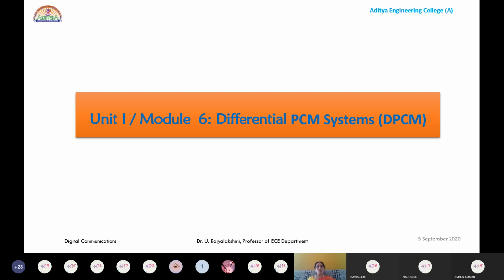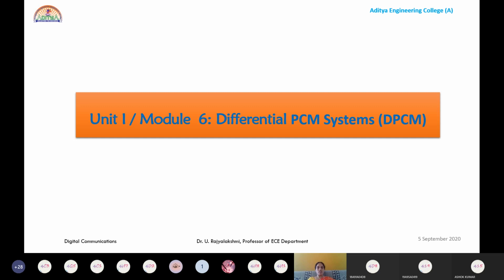Till now we studied all the types and elements of PCM, and uniform and non-uniform quantization. But now let us go through some drawbacks of the PCM system. The main drawback is that it will transmit all the bits per sample. Normally for a particular sample we encode some n number of bits, and each and every sample consists of n bits.